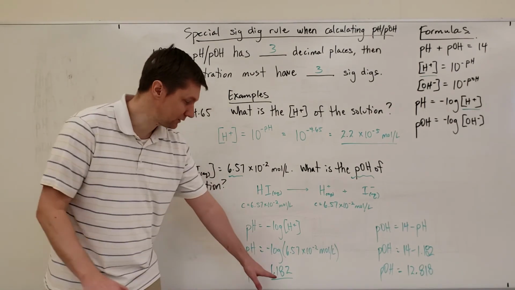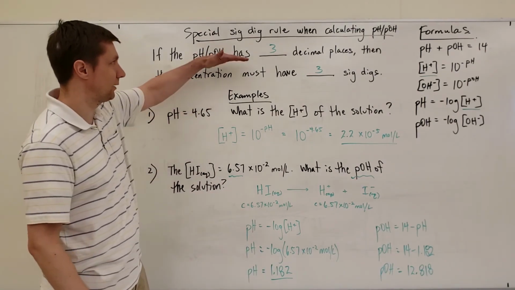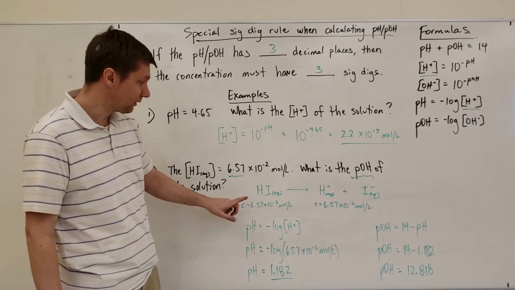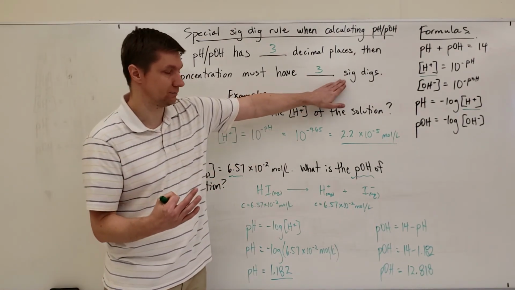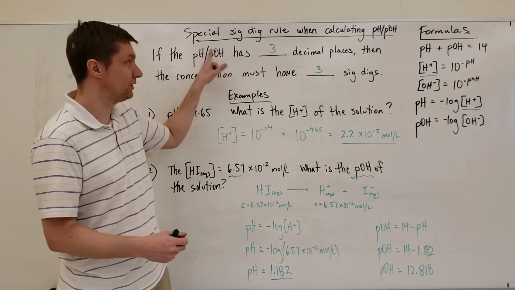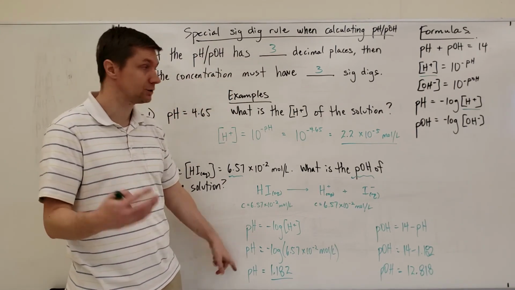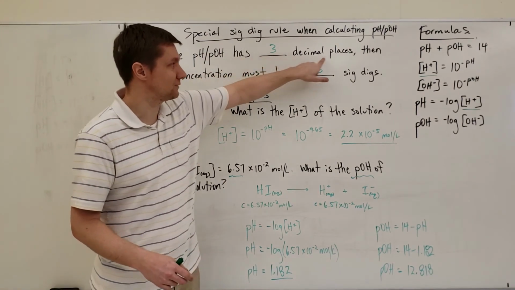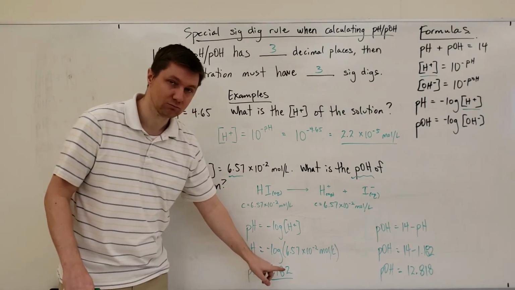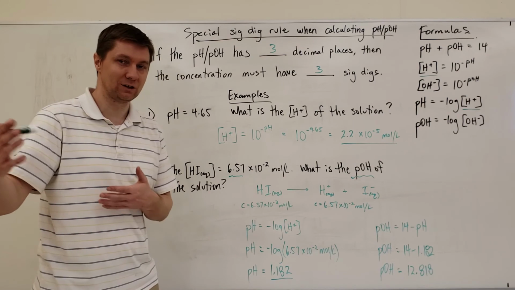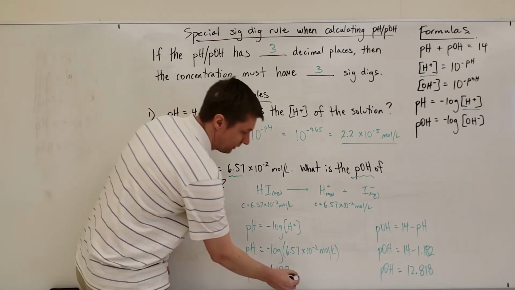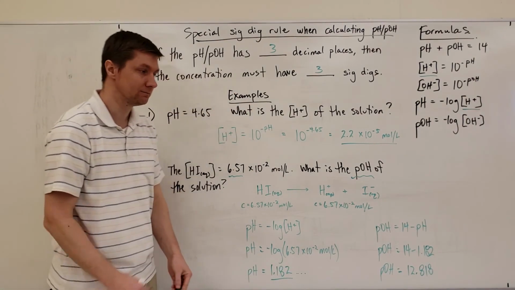The reason my answer is like this is because if I go back up here to my sig dig rule, my concentration had 3 sig digs, which means that my pH or pOH value, in this case pH, has to have 3 decimal places. So 1.182 is going to be my answer for that. But remember, I don't round until the very end. So actually this number is a bigger, longer number in my calculator.